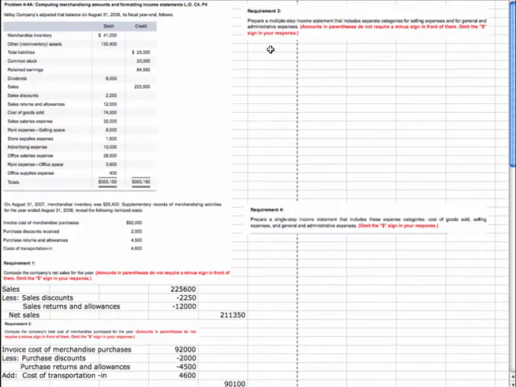So what we're going to do for our multi-step income statement, we can say now, take our net sales. Of course, make sure you do your titles, but because of space, I'm not going to have space to do it. So let's do net sales. And our net sales amount, as we calculated down here, was $211,350.